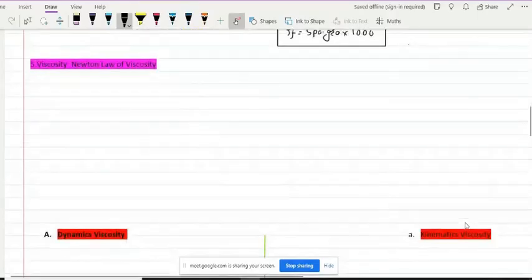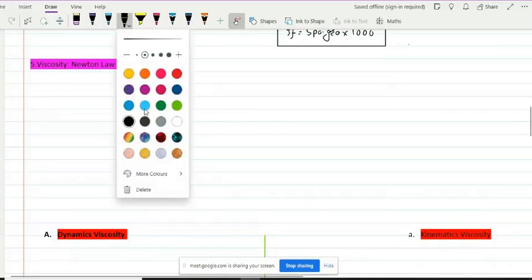Viscosity, Newton's law of viscosity. How to define the viscosity? First of all, we discuss the definition of viscosity.